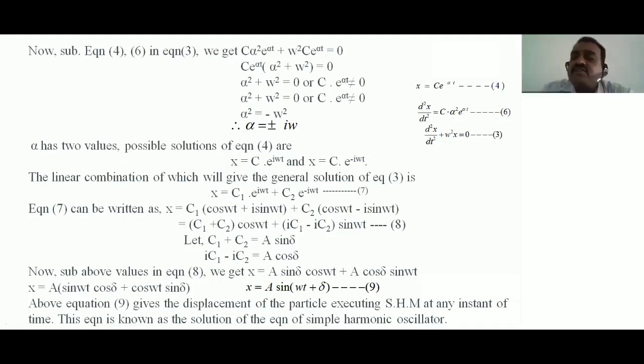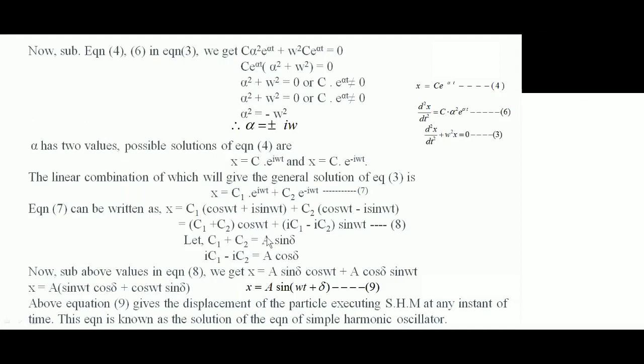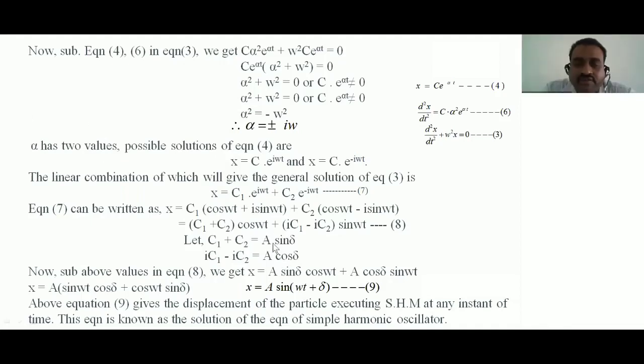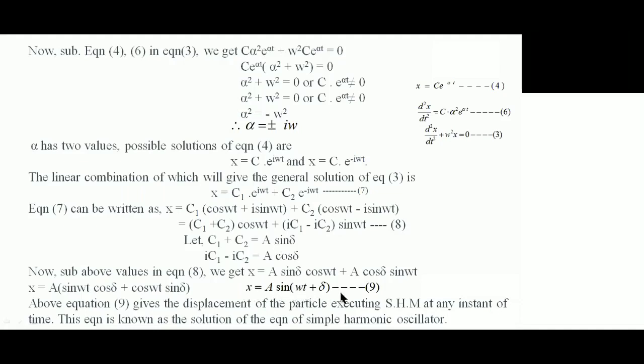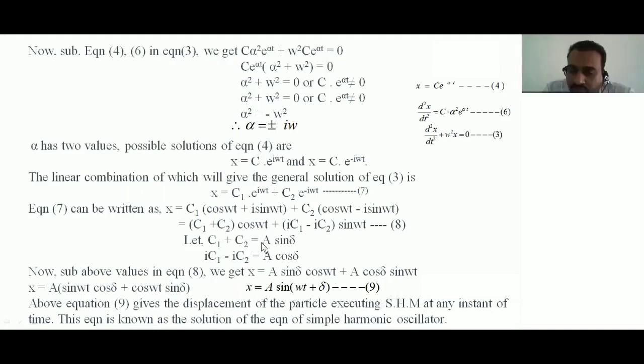Always that constant is equal to amplitude. We are taking displacement in simple harmonic motion, the particle displacement, generally without initial phase, A sin theta. So depending on this sine curve, for example, that is the amplitude, the resultant amplitude A. Always in simple harmonic motion we take A sin something.